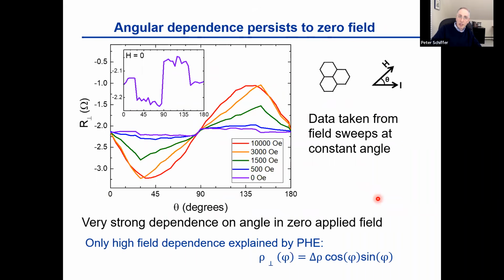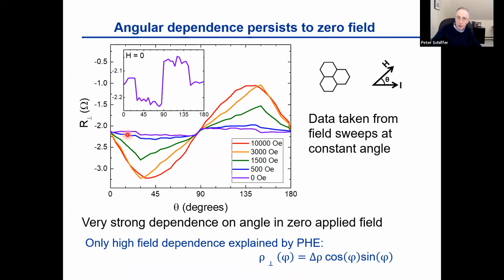And this angular dependence persists to zero field. So if you do these field sweeps and you just take whatever the resistance is at zero field, at high field, you just get the sine wave that you expect for the planar Hall effect.